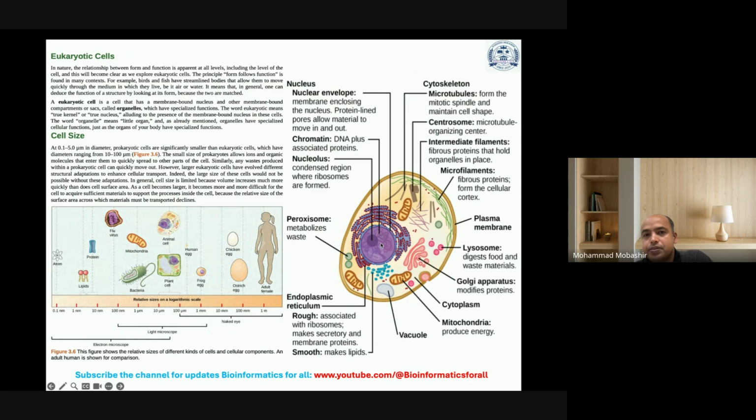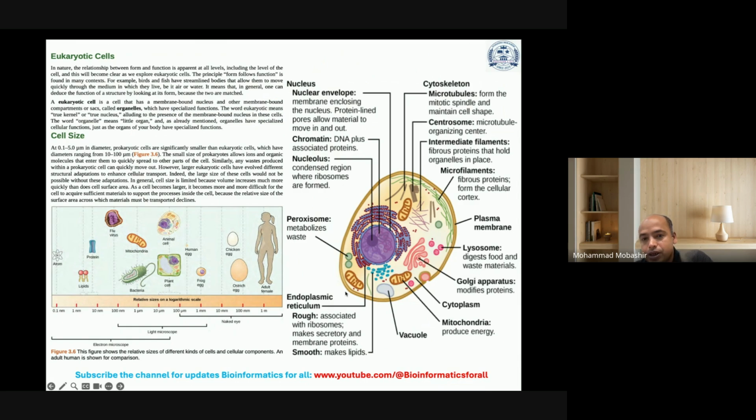Then the nucleolus, which is here, a condensed region where ribosomes are synthesized or formed. Then peroxisomes metabolize waste. This is also very important, similar to lysosome, which digests food and waste materials.